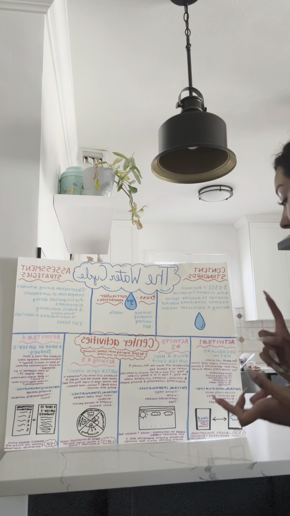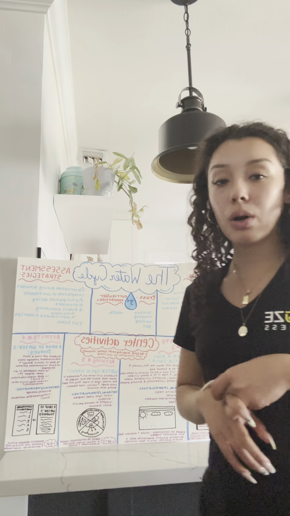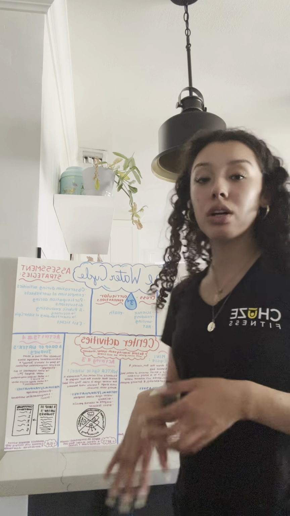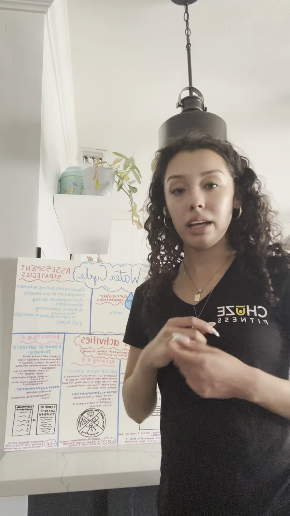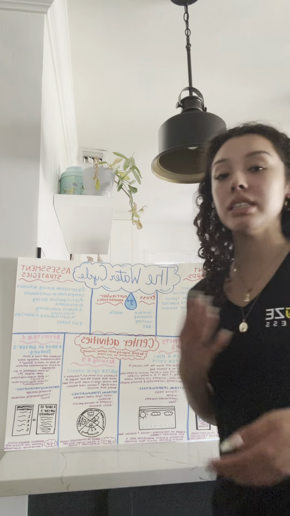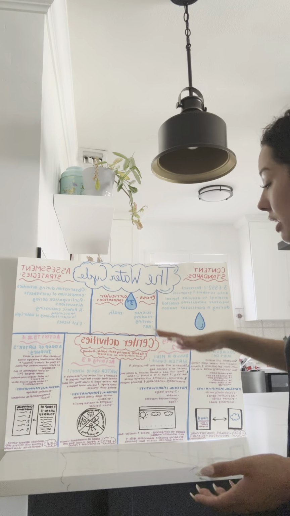Students also practice observation skills and record scientific data in their journals. As they see the different steps of the water cycle, they'll be able to notate how long it took and different things like that. It's a great thing that they can continue doing, seeing it in real time, which will help them understand the water cycle.